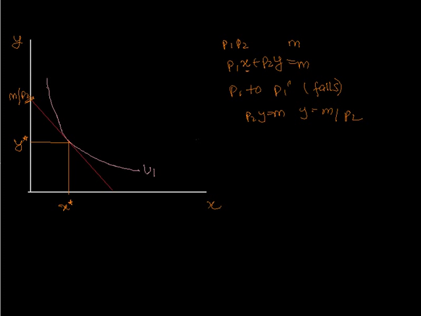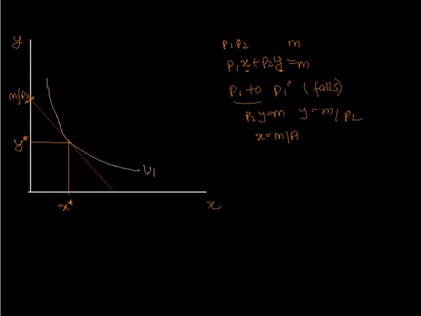Similarly, if you put 0 out here, you are only finding X, so X would be equal to M by P1. Clear?